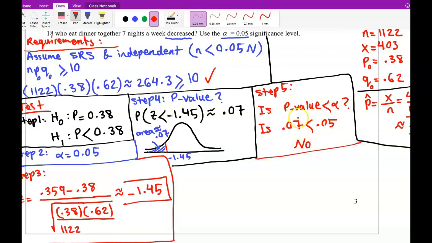Now based on our decision in step 5, now step 6. The conclusion is that we do not reject this null hypothesis. I'll write this in Word, what that means.